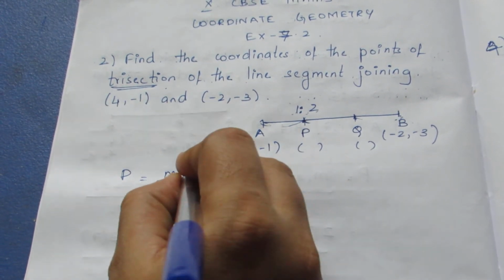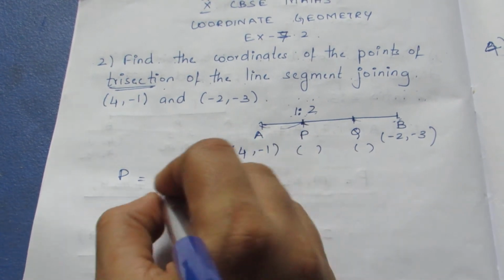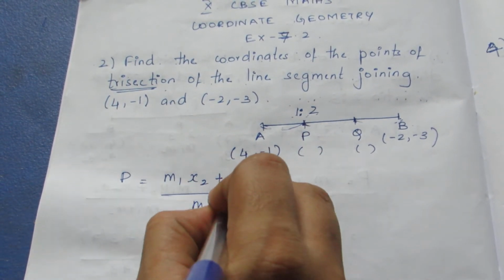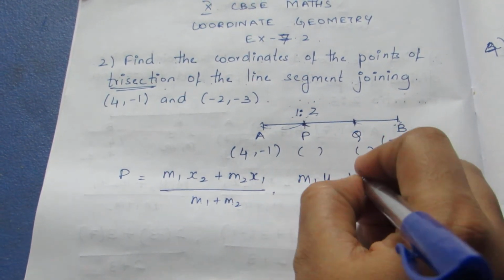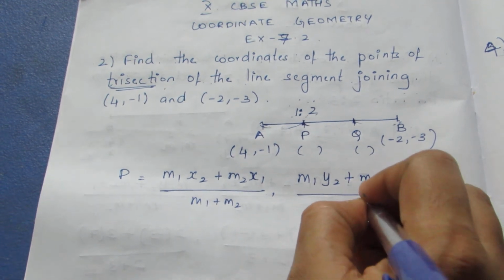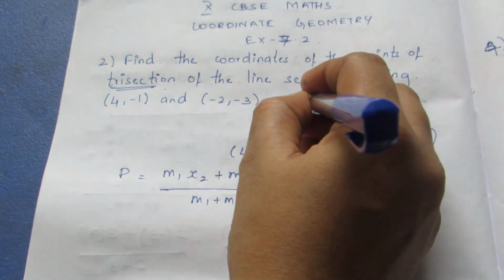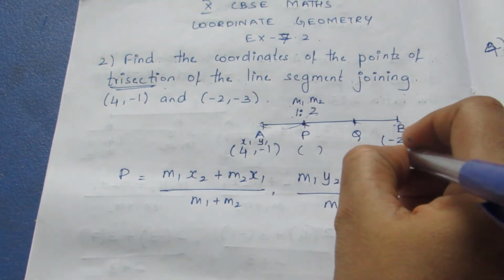The formula is (m1 x2 + m2 x1) by (m1 + m2), and in the same way (m1 y2 + m2 y1) by (m1 + m2). Here your ratio is m1, m2. This will be x1, y1 and this will be x2, y2.